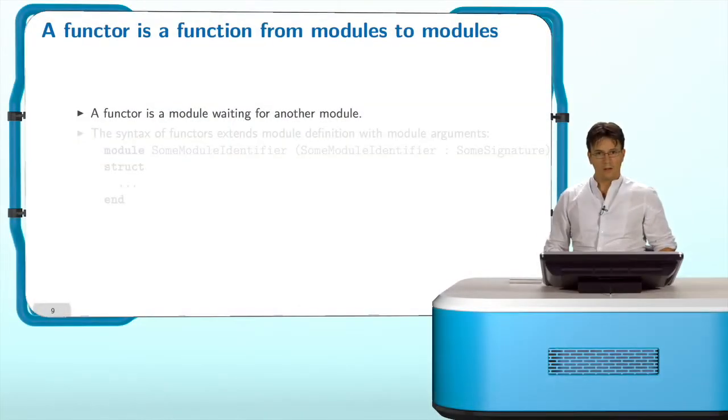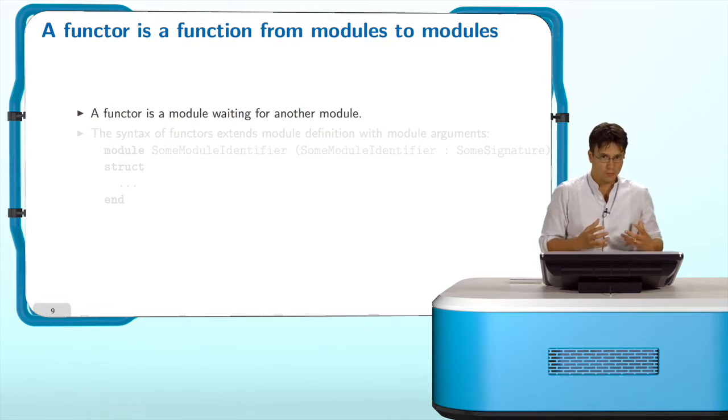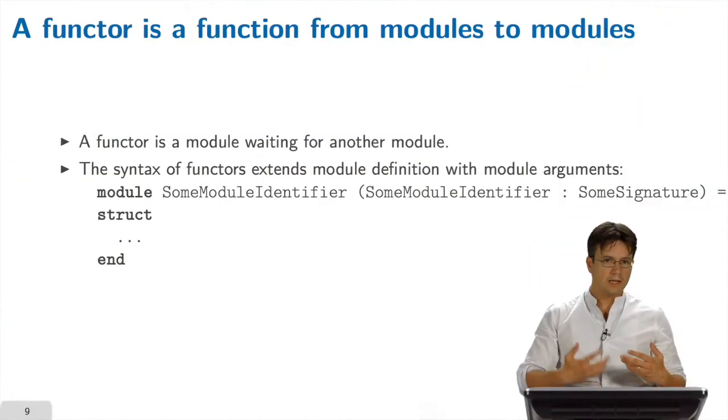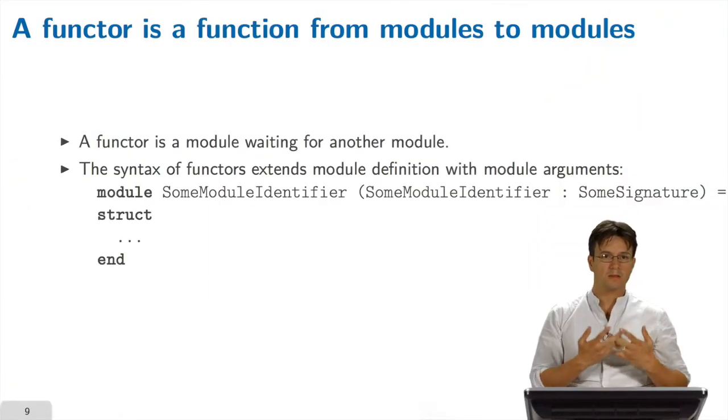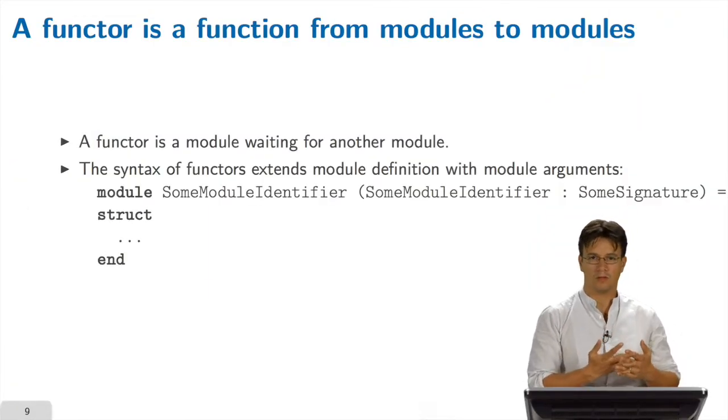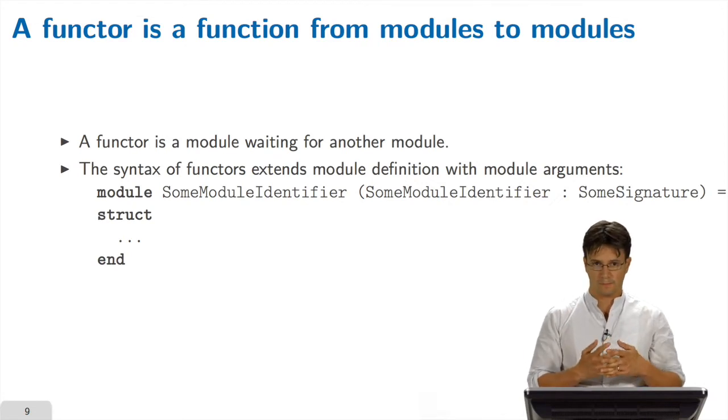A functor is a function from modules to modules. So a functor is a module waiting for another module. The syntax to define a functor mimics the definition of a function.